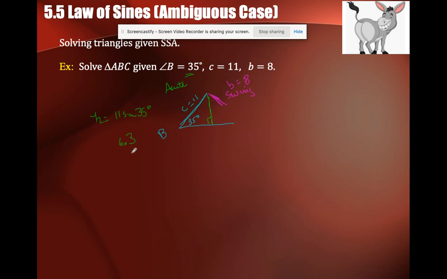And remember, I'm comparing the swing side, and the swing side was 8, which is greater than the height. And what's true if it's greater than? If it's greater than the height, I need to also compare it to the connected side.